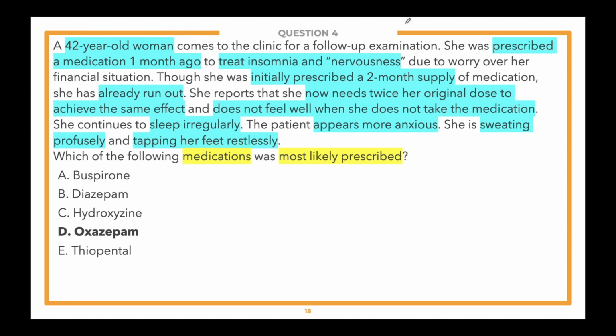It takes a couple weeks to show any effect, so probably not something that would have the same short half-life leading to dependency. Lastly, diazepam. This is a benzo with a longer half-life, okay? So with a long half-life, you have less of those withdrawal symptoms as you are slowly spacing yourself off of that medication. So probably not the best answer here. So the best answer choice here is D, knowing a little bit in depth about the pharmacodynamics of benzodiazepines.